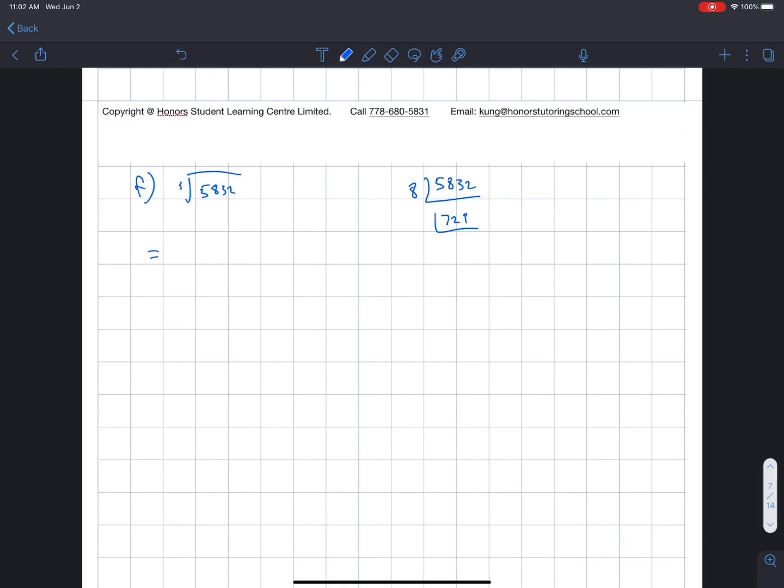So the next number that I can try is 27. And it worked. So now I have the cubic root of 8 times the cubic root of 27 times the cubic root of 27. The cubic root of 8 is 2, the cubic root of 27 is 3, and the cubic root of 27 is 3. 2 times 3 is 6, 6 times 3 is 18.